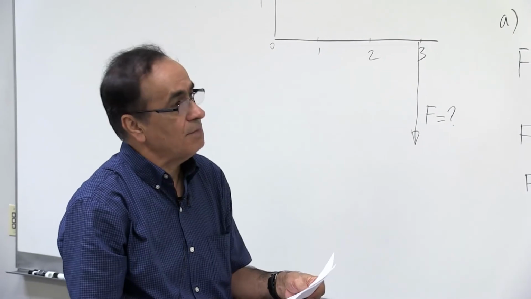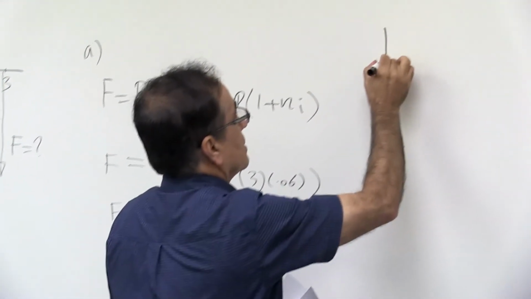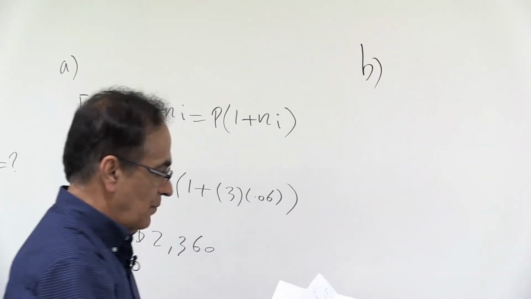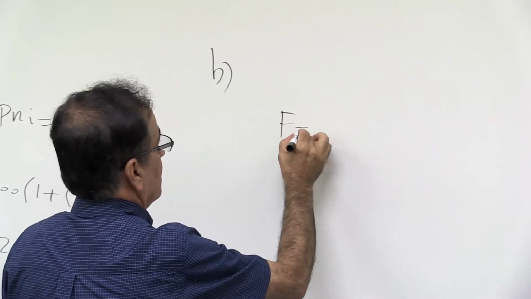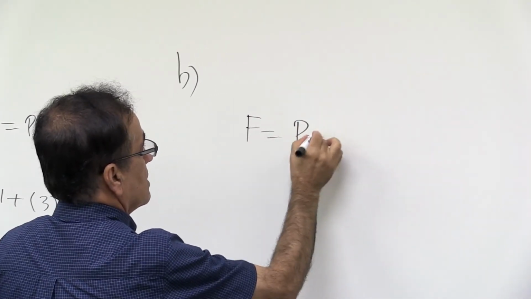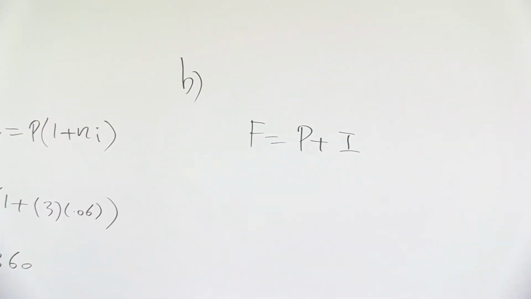Now we're going to do the same problem using compound interest. We're going to do it exactly the same way. So P plus the amount of interest you're going to receive for the next 3 years.